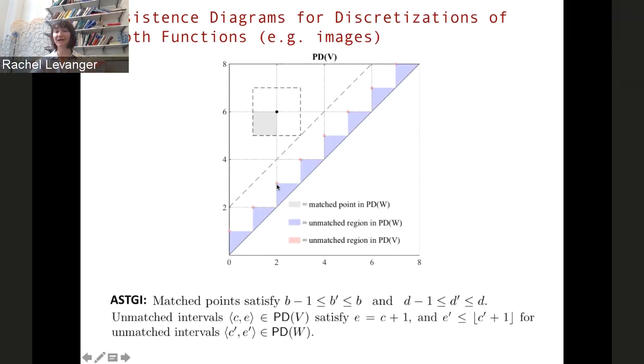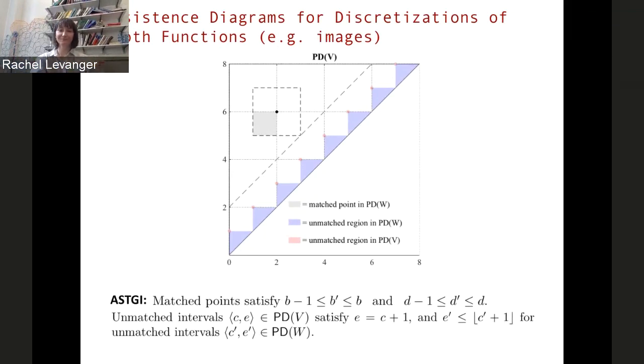So let's say you had an ephemeral persistence module, meaning it had a non-zero vector space at only a particular point. If we're using that floor function, we'll see it at an integer value, but then it won't disappear until the next integer. So if you have a non-constructible ephemeral persistence module, you can actually accidentally lift points off the diagonal, and they never would have been seen in the original persistence module.